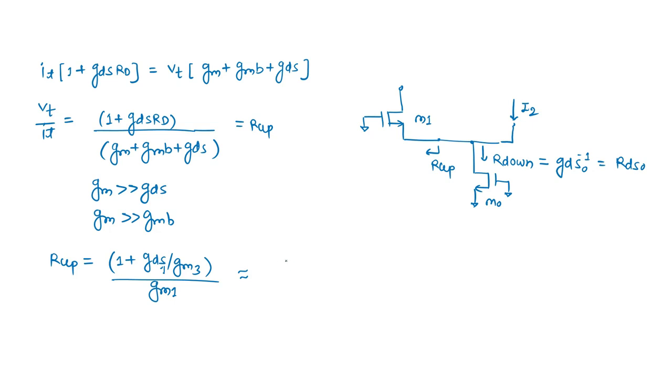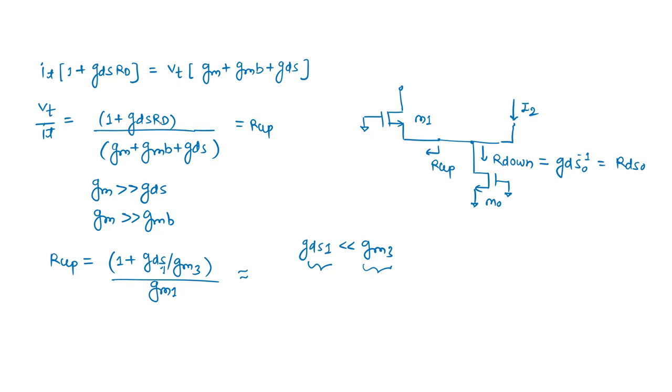Here we can see this GDS of 1 is also much lesser than GM, because GM is of some higher order and GDS is very low. GDS is nothing but 1 over RDS, which is always of some tens or hundreds of kilo ohms. Due to this, GDS comes to a few microsiemens, and GM actually comes in millisiemens.